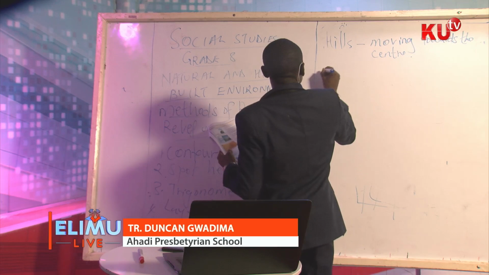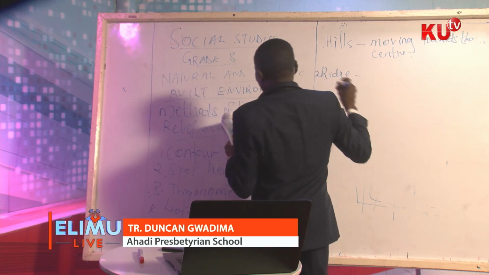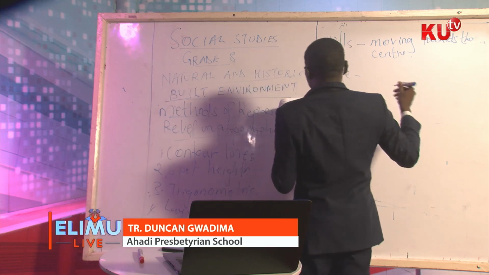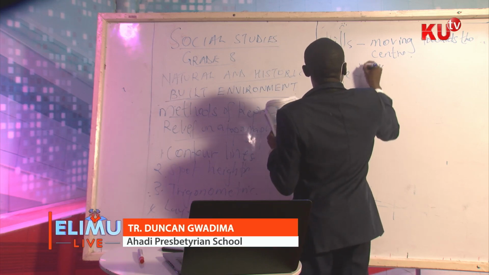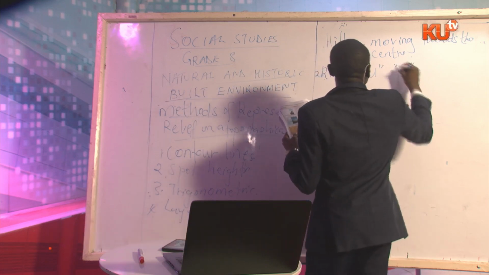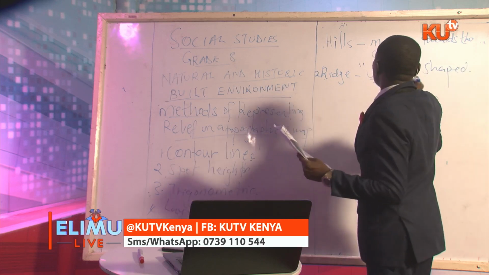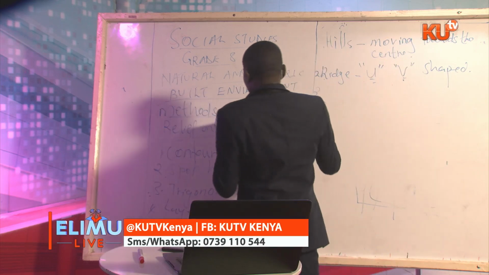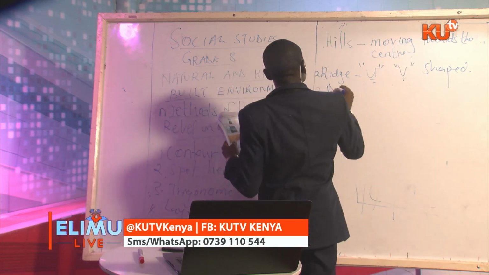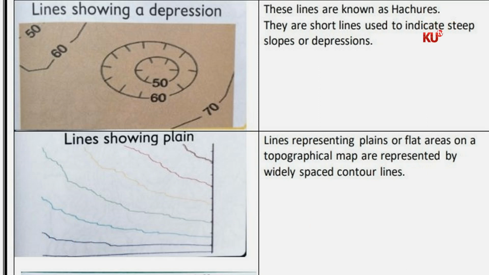Then ridge: the lines are represented by contours that form a sloping line, U or V-shaped. That is a ridge. Then the third one, which is a depression, we use what we call hachures.